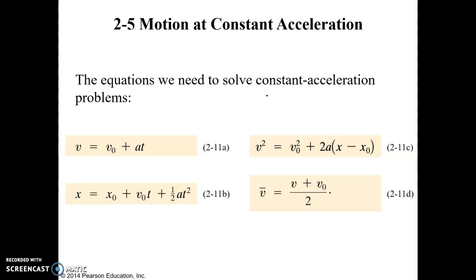I'm just going to refer to these as these 4 constant acceleration equations. And so think of these as tools in your toolbox. These can be used to solve problems, but you need to use the right one. You need to use the appropriate tool for the appropriate job.